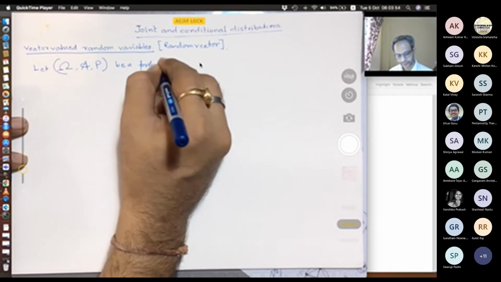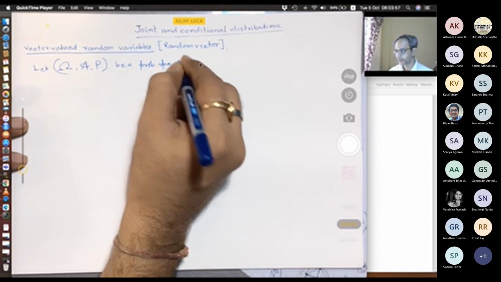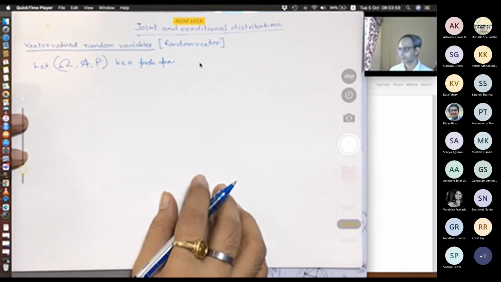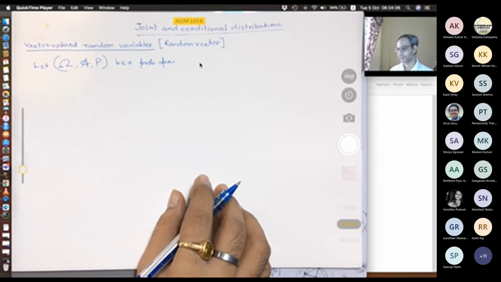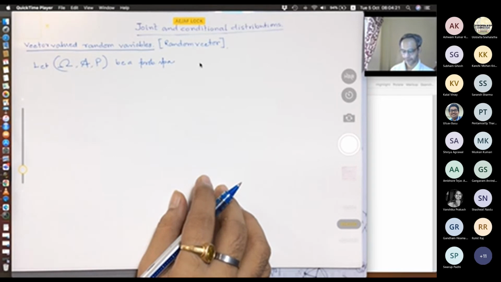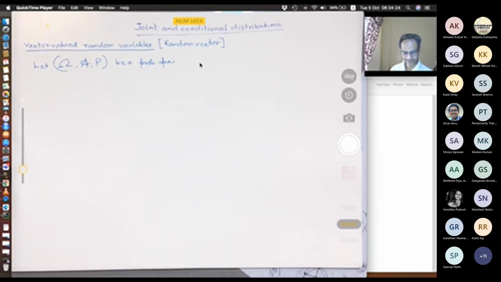probability space. Sir, your screen is black. But I have just restarted it. I have nothing more to do. I have just restarted my computer. Is it blur for everybody? Yes, sir. But I have no other option. I have just restarted and entered in this.